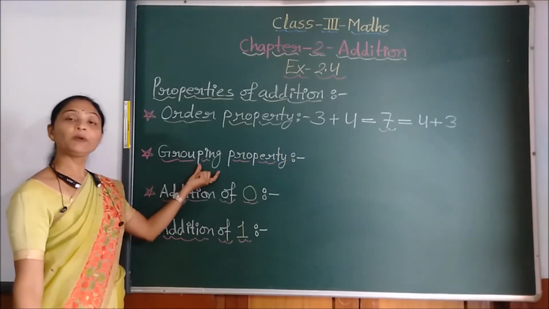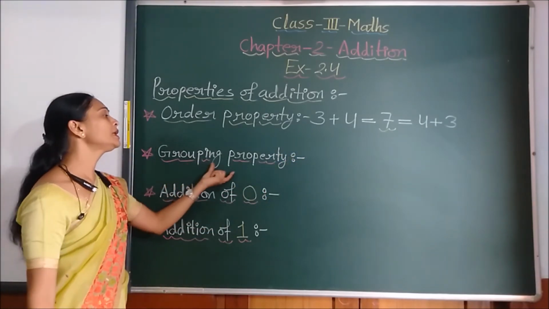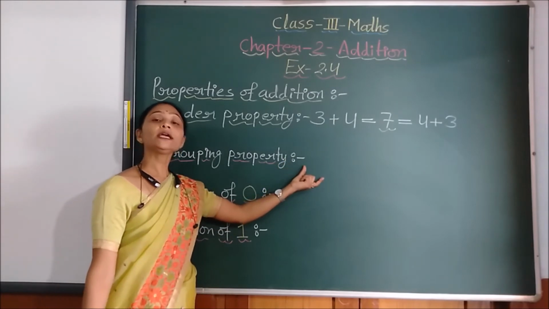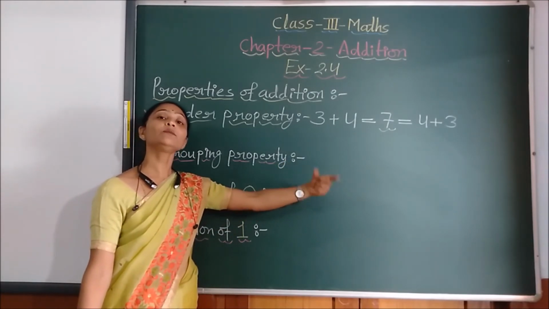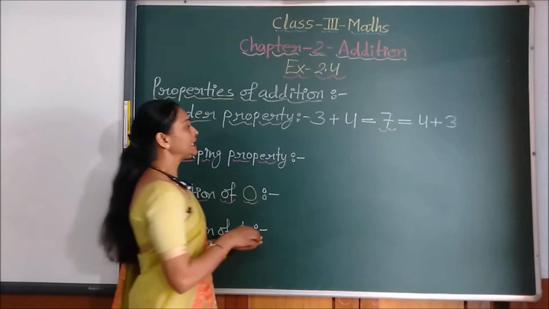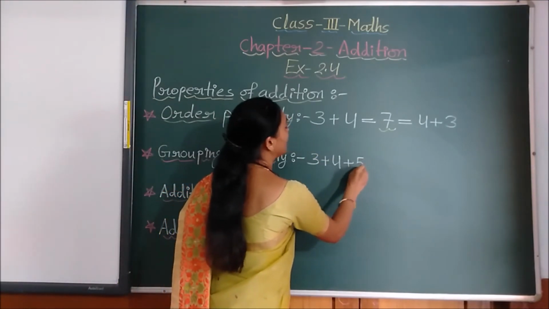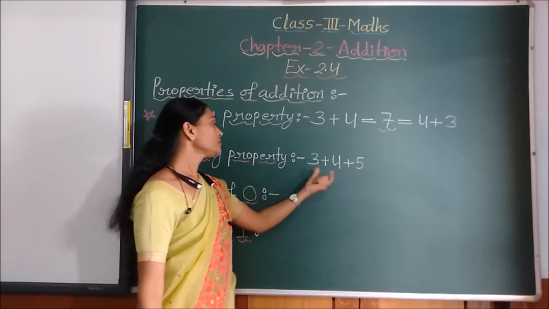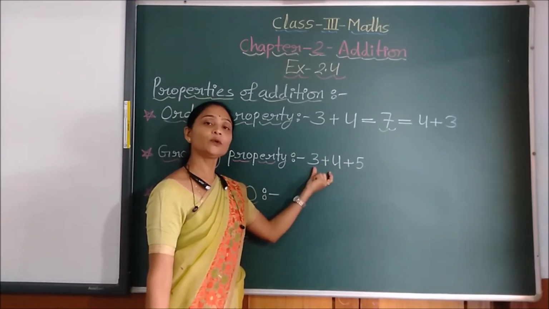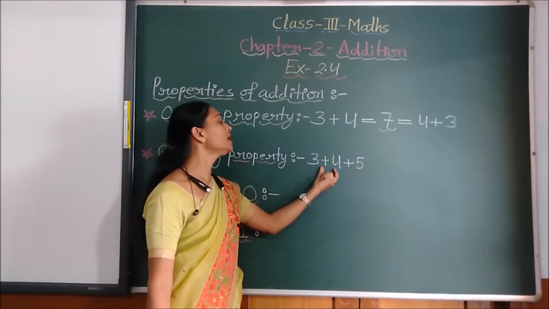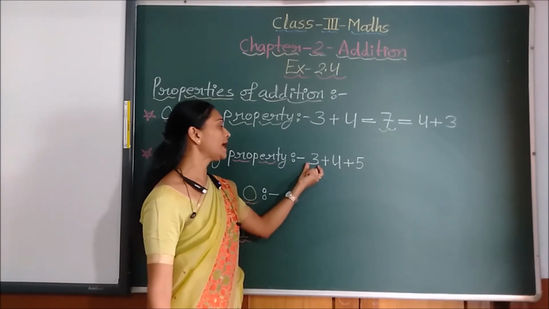Now we will see grouping property. Grouping property is for more than 2 numbers, means 3 and more numbers. So see, if we take 3 numbers like this, 3 plus 4 plus 5, then to add these numbers, what to do children? We have to make the group, means we have to add one by one.